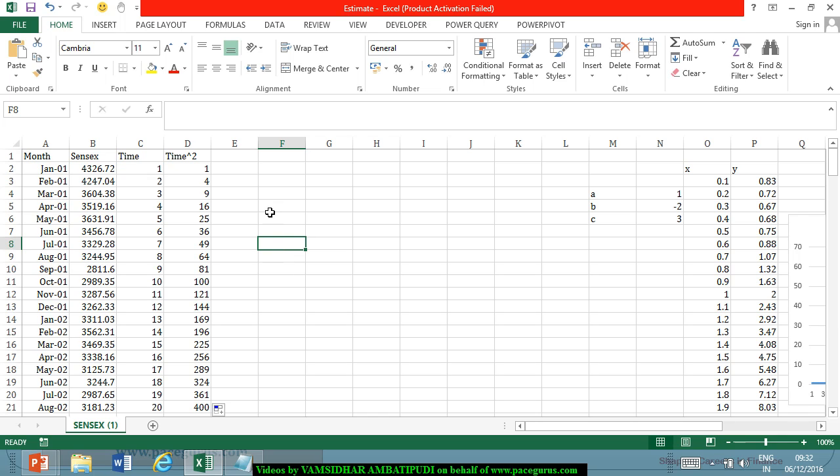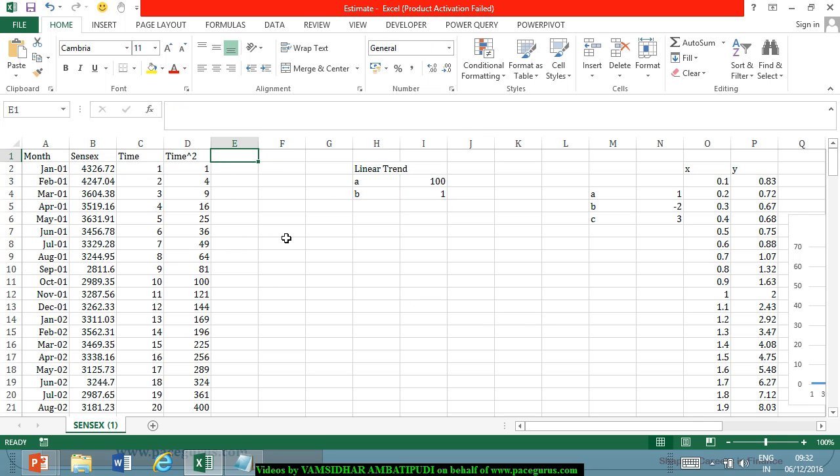Now I want to fit a linear trend. For the linear trend, I require two variables, a and b: a plus bx. So a and b are the two values that I require. Initially I am just going with some dummy values, 100 and 1.